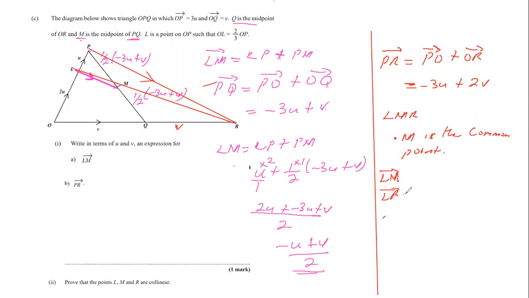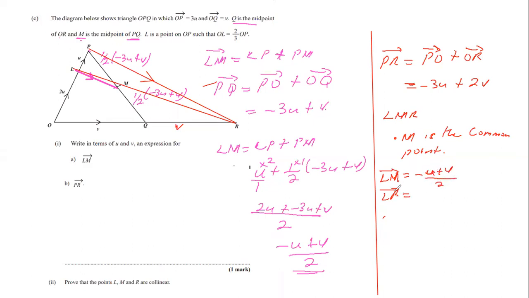So LR, how do we find LR now? We know that LM is, what do you get for LM? Negative U plus V over 2.